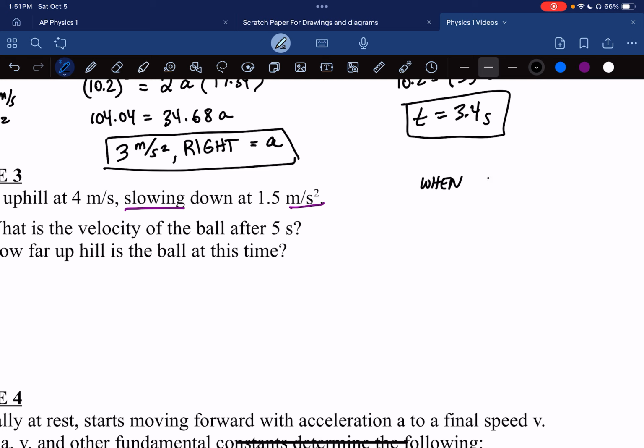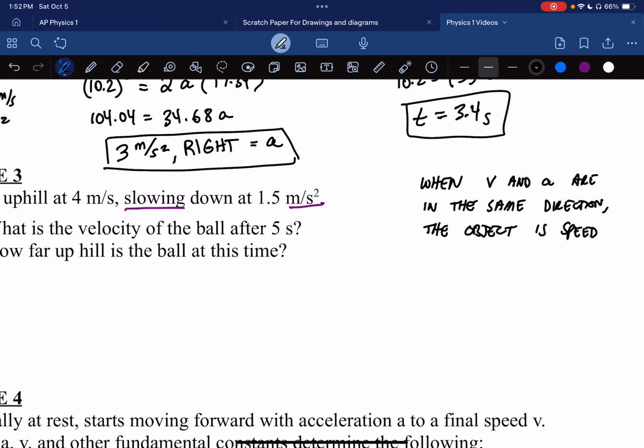Okay, so let's put a side note over here. When V and A are in the same direction, the object is speeding up. And vice versa.